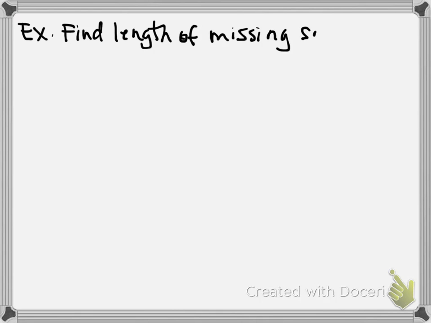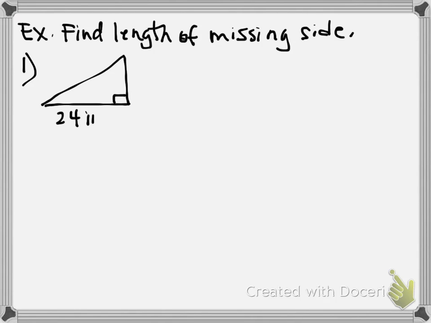It says side, which means it could be any one of the three sides of the triangle that could be missing. So a lot of times what they do is they give you a picture. Most likely you will see units of measure, and your answer will also need to include those units of measure.